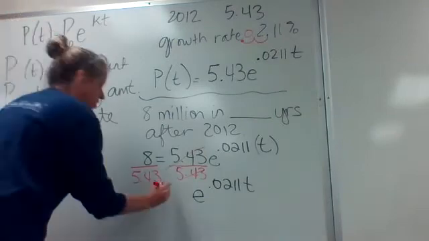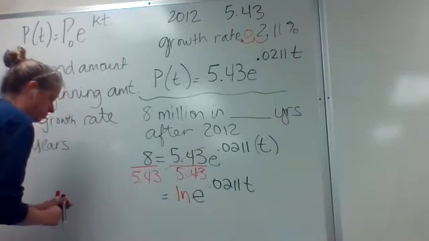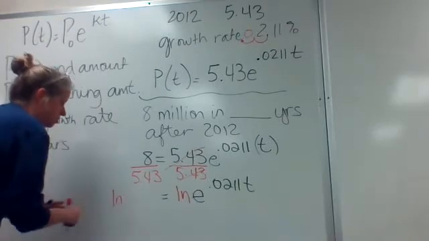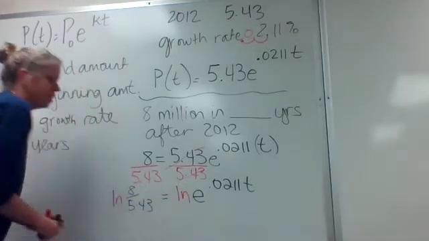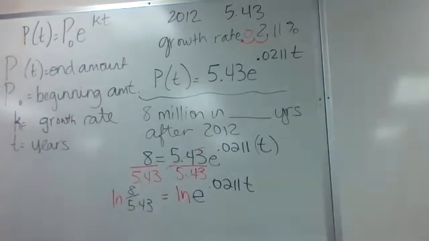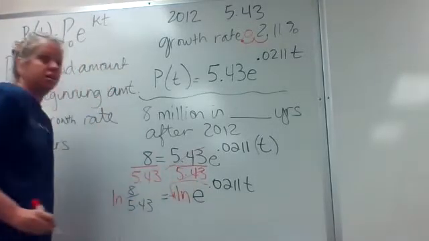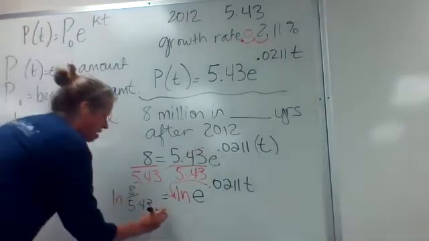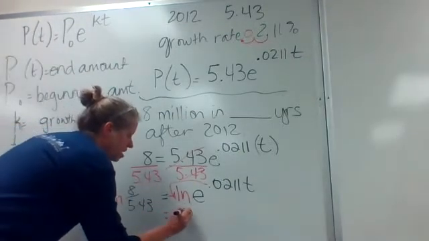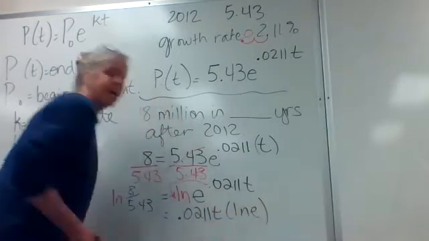Now I'm going to ln both sides. Why would I do that? So now I can bring down my exponent. So now I'm going to have 0.0211 t times ln e.